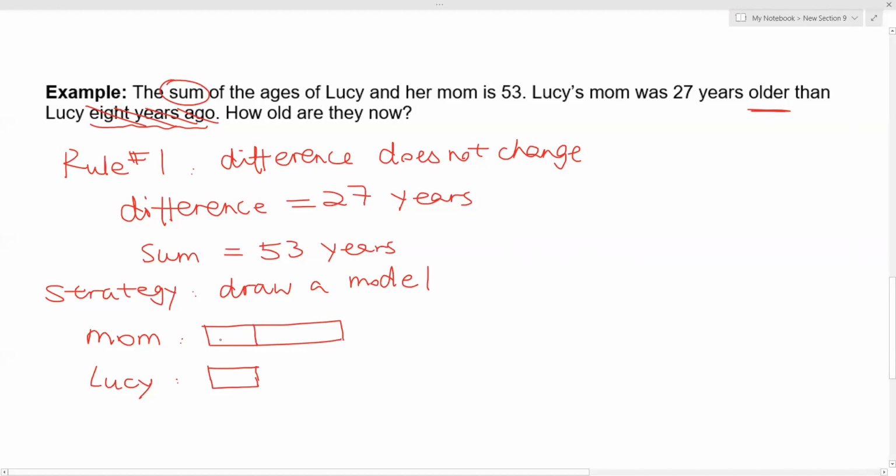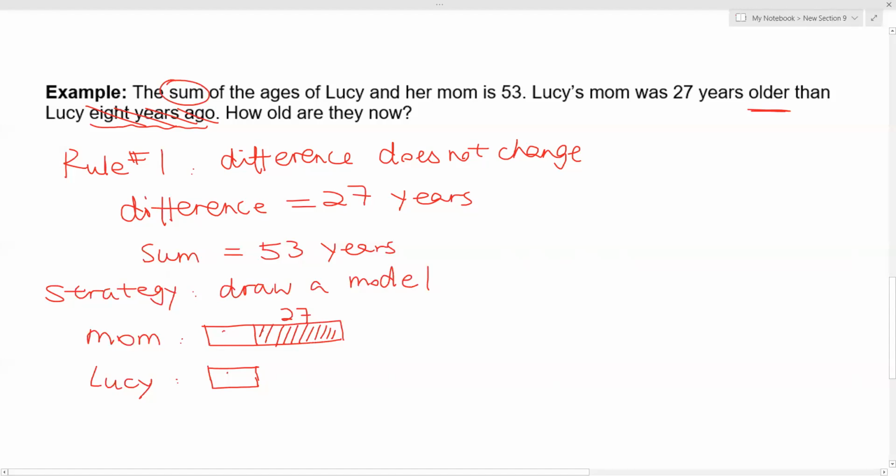So let's pretend, I know I'm a little off, but let's pretend these two boxes are the same size. And if you observe really closely, you will find that this extra box for Lucy's mom is actually 27 years. That's the difference, because the first two boxes are of the same size, right? So this box here we can use to represent the 27 years age difference.